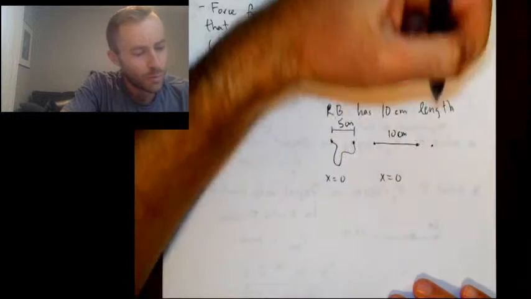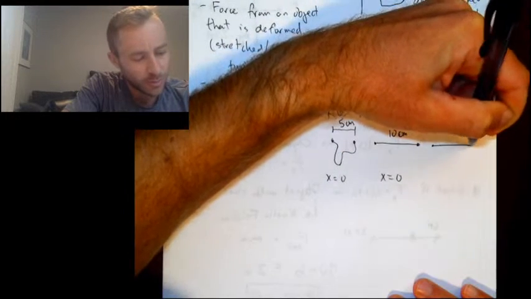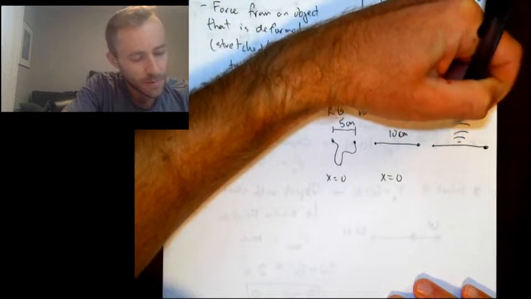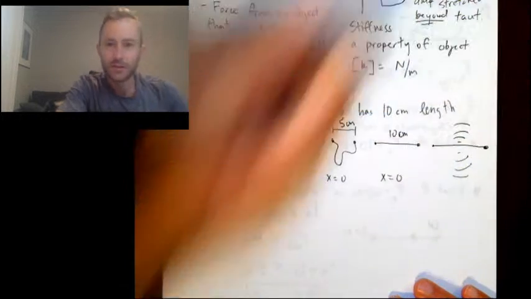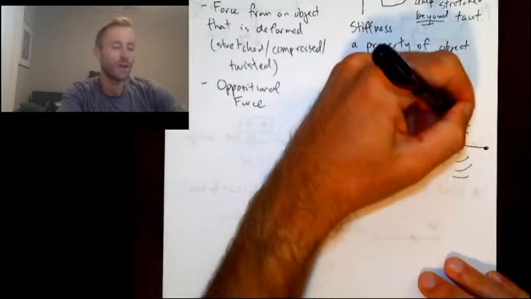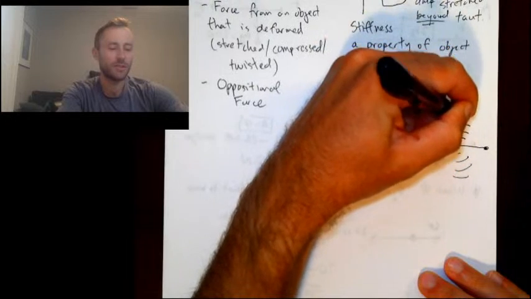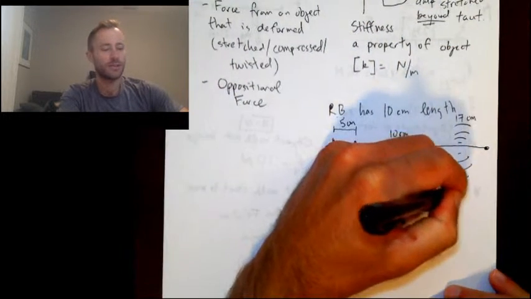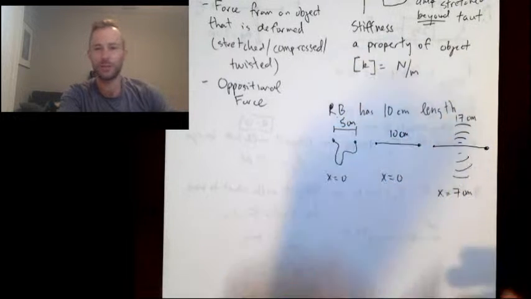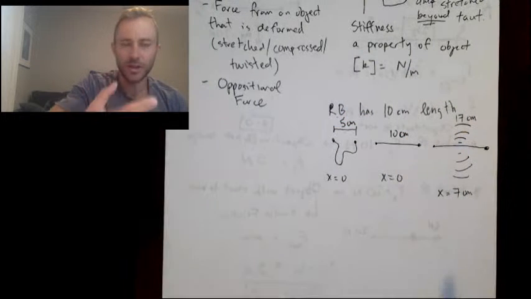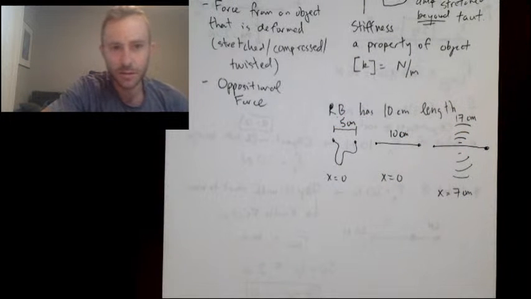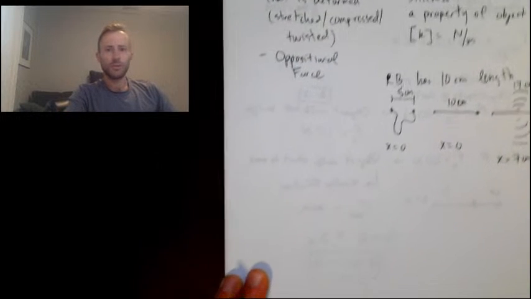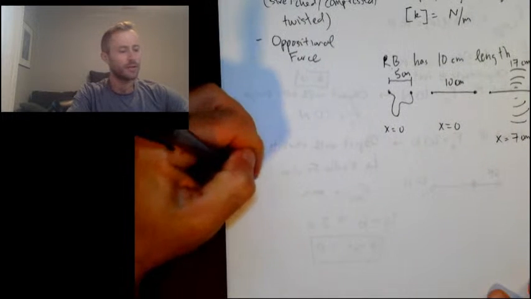But what if we now take the rubber band and we stretch it so that the total length is now 17 centimeters, for example? In this case, we would say x is 7 centimeters because we've gone 7 centimeters beyond taut. Okay? So let's do a really quick example and then I'll be done.